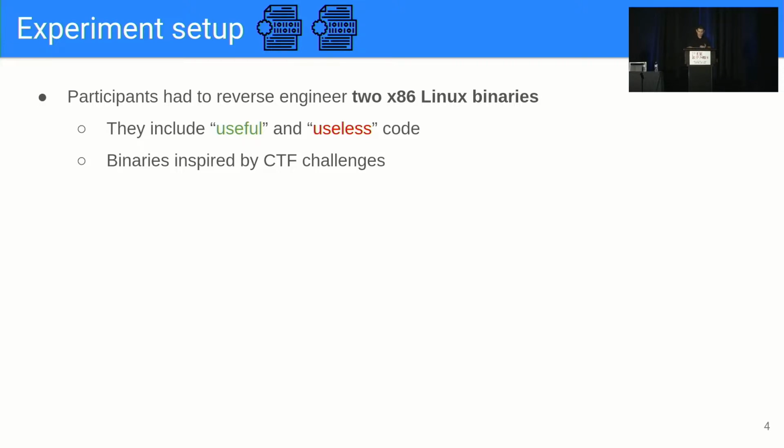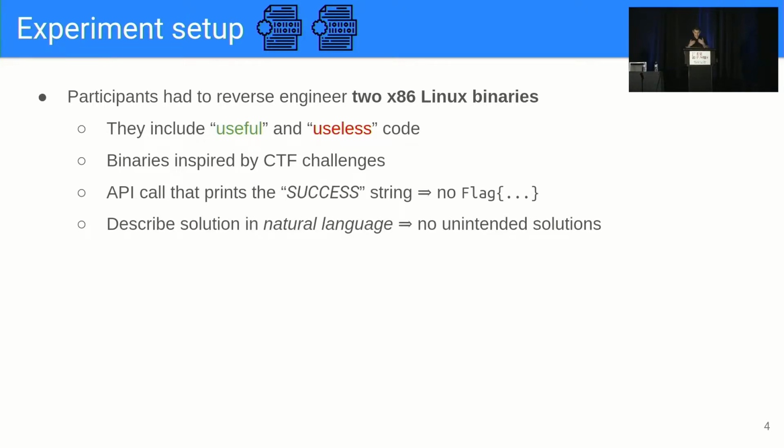They were inspired by CTF challenges, but with a particular difference. Those binaries do not contain flag strings. They contain an API call that prints a success string. And in order to provide the solution, they have to describe the solution in natural language. We did this in order to avoid unintended solutions.